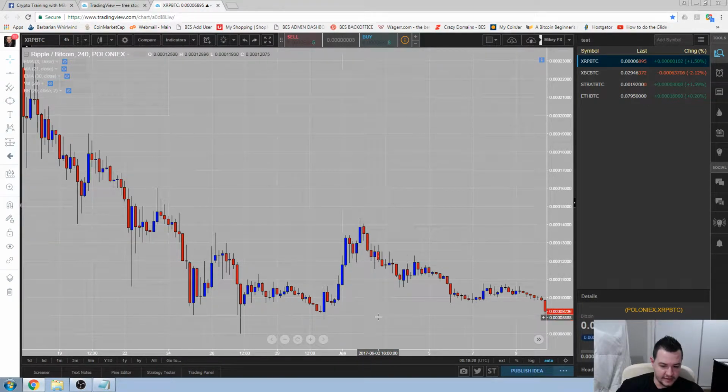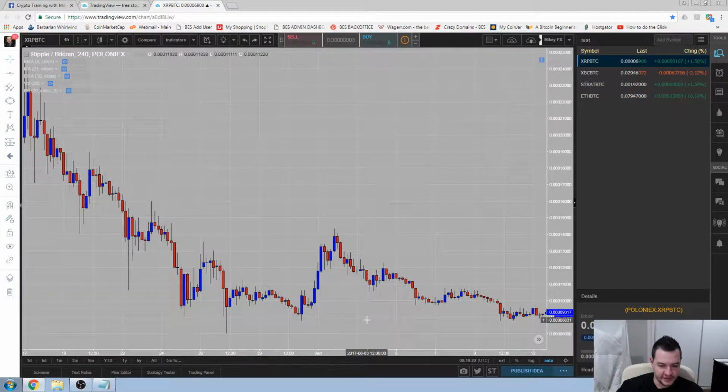Okay, that's basically forming a head and shoulder pattern. Now, the middle bit is obviously the head, which is obviously the low or the high. Okay, so this is inverse. Okay, so as market's coming down, this is our left shoulder, this is our head, and this is our right shoulder. So on the right shoulder, that's our reversal pattern.